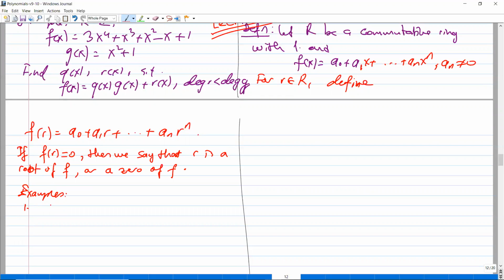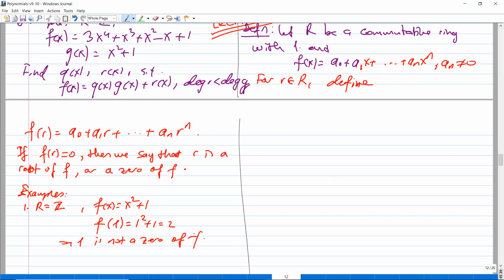As the first example, let's consider the ring of integers. And let's take f of x to be x squared plus 1. In this case, f of 1 is 1 squared plus 1, which is equal to 2. So 1 is not a zero of f.